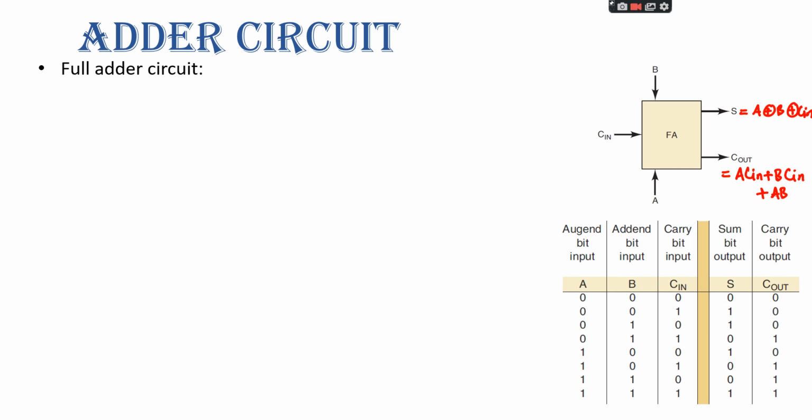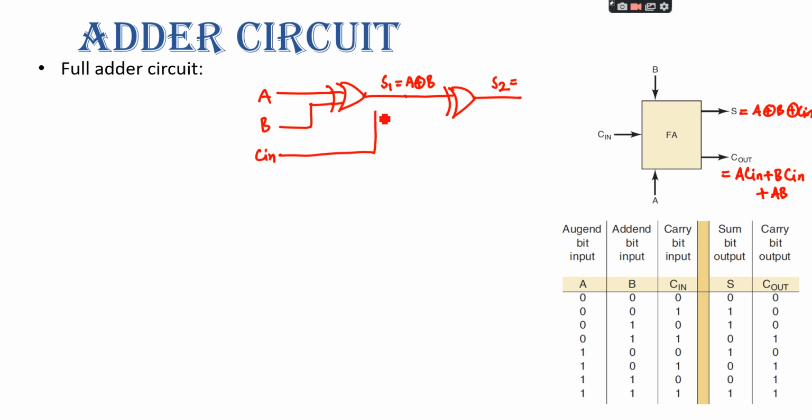So if we design the circuit, we have three inputs A, B and C in. First we connect A and B to an exclusive OR circuit, and the output of this circuit would be A exclusive OR B. Then we put this as one of the inputs of another exclusive OR circuit, whose output would be S2, and we put C in as the second input of this circuit.